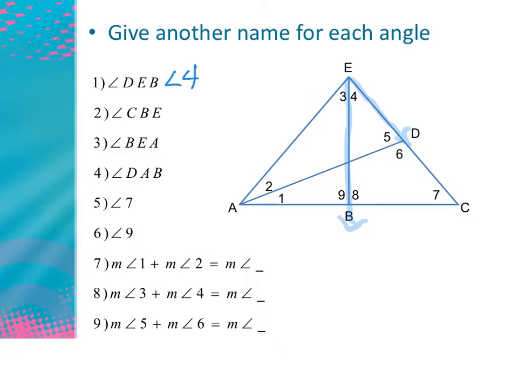So sometimes your figure will have numbers sitting inside your angle. So you can use that number that's inside the two rays to name the angle. Again, another way to name DEB is I could reverse the letters, and I can call this angle BED.